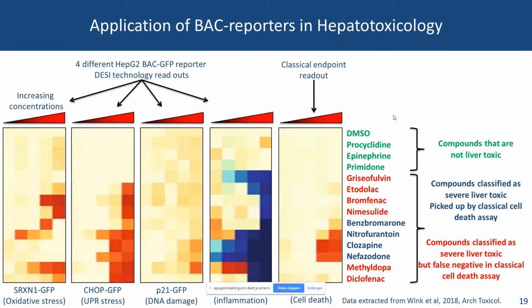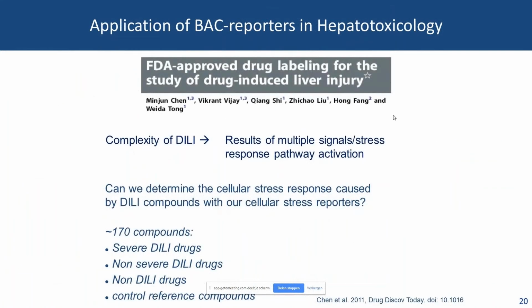Well, that's nice that we can predict it for 14 compounds, but can we also now predict it for a larger compound screen? And for this, we collaborated with the FDA, with Weira, Tong, and Mignon, because they wrote 10 years ago already a nice article in which they mentioned 170 compounds, and they labeled all of these.